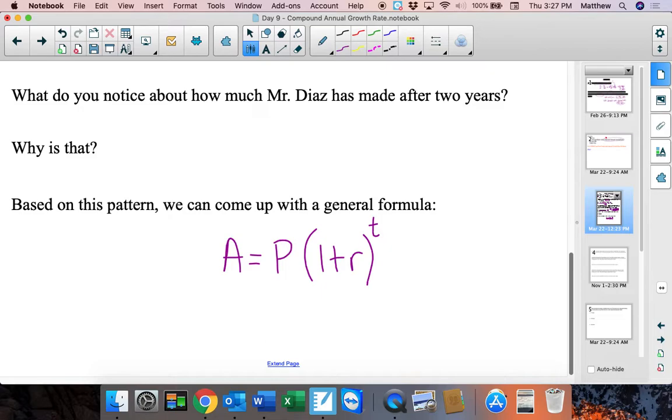So in that last example, after 2 years, the amount Mr. Diaz had was the 5,000 initial amount times 1.06 squared, because we did it for 2 years. If you do this in your calculator right now, take 5,000 times parentheses 1.06, close parentheses, to the second power, and you get 5,618.